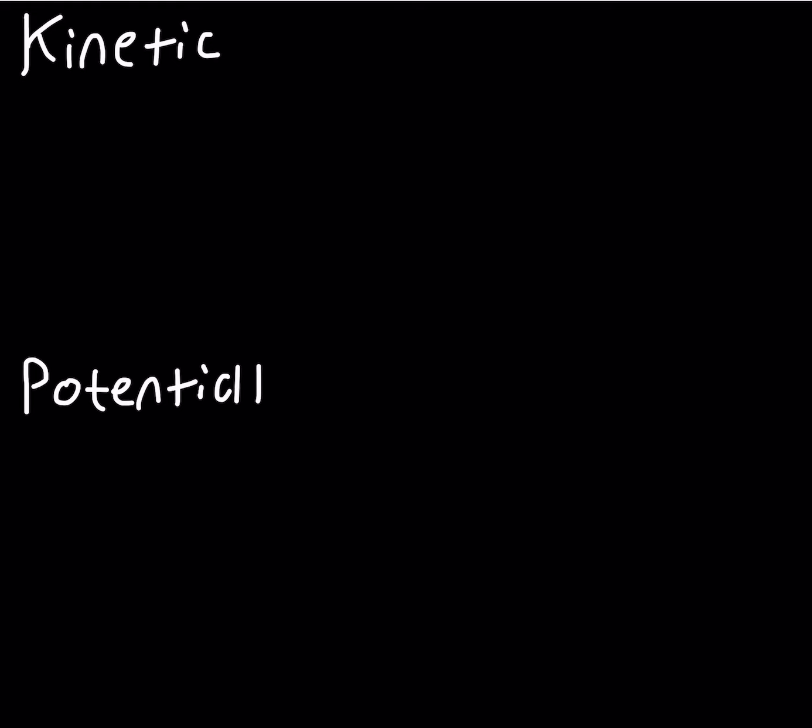Kinetic energy is your energy of motion, and potential is your stored energy, and it's based off position, like height. And these two energies added together equals mechanical energy. So mechanical energy is the sum of these two.